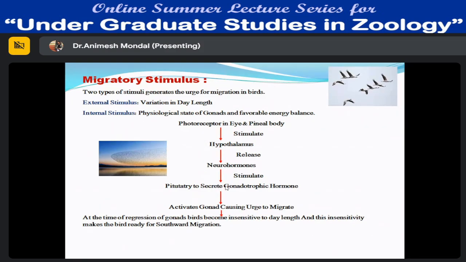That means through deep brain photoreceptors and through the retinohypothalamic tract to the suprachiasmatic nucleus, it can also instigate the hypothalamus, which in turn releases a neurohormone, which then stimulates the pituitary to secrete gonadotropic hormone, and this gonadotropic hormone activates the gonad, causing the urge to migrate.